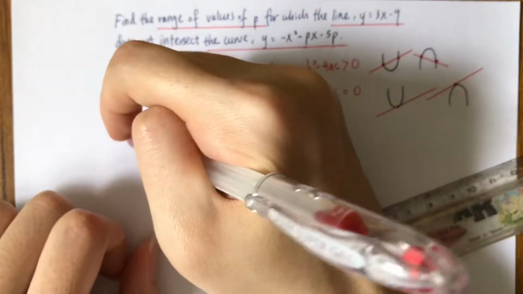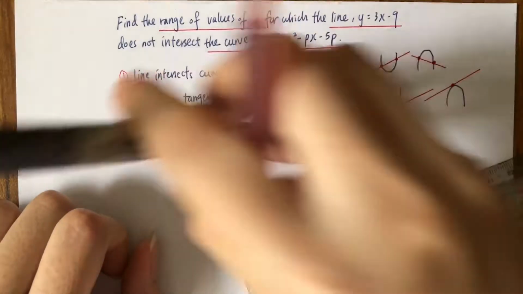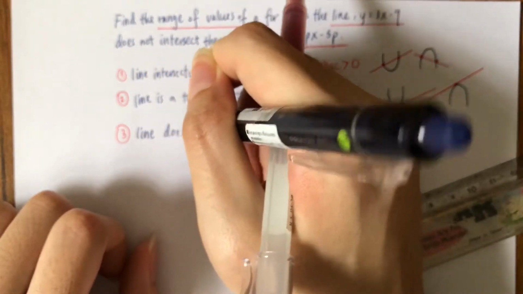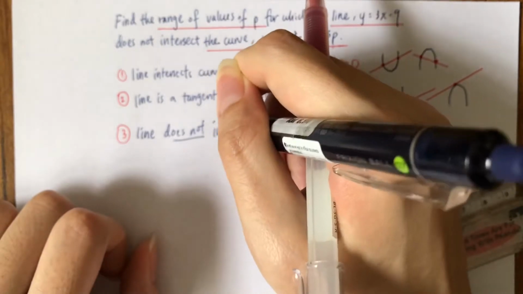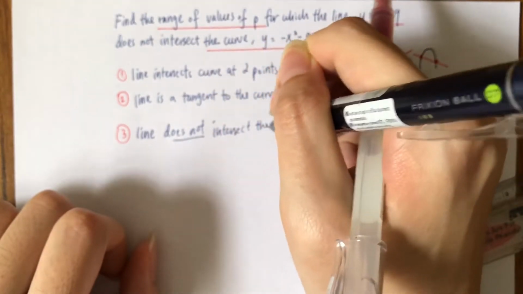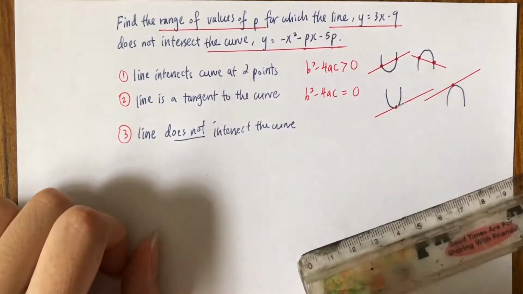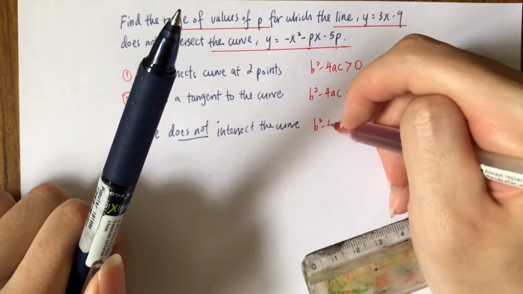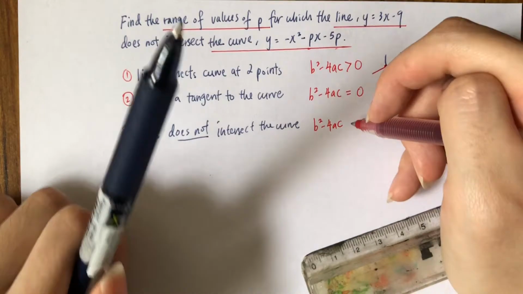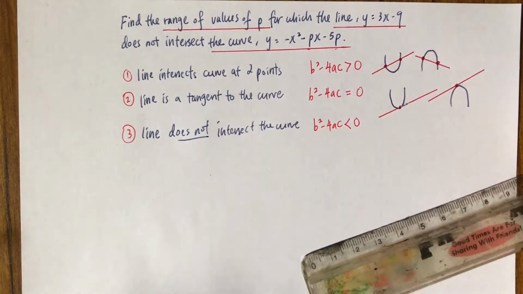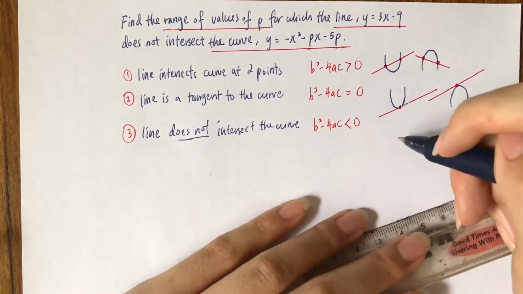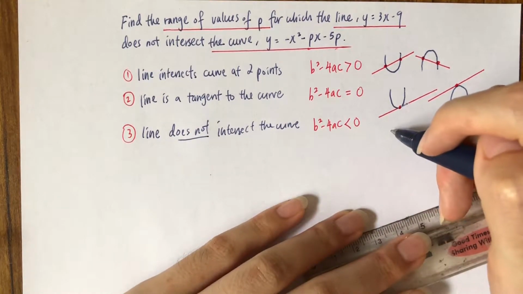The third type is when the line does not intersect the curve at all. In this case, the discriminant b squared minus 4ac is lesser than 0. The behavior graphically would be something like this.